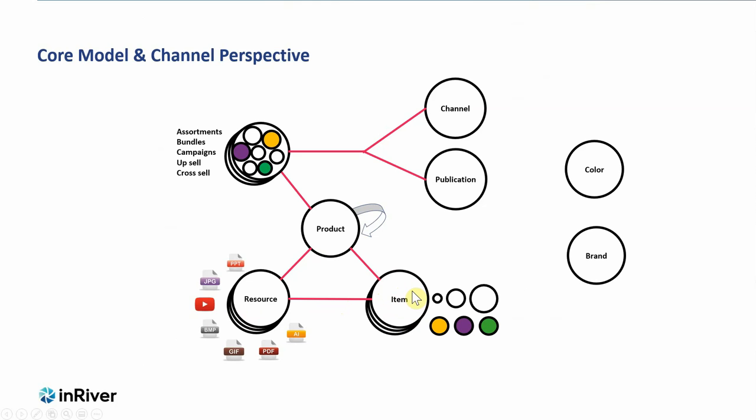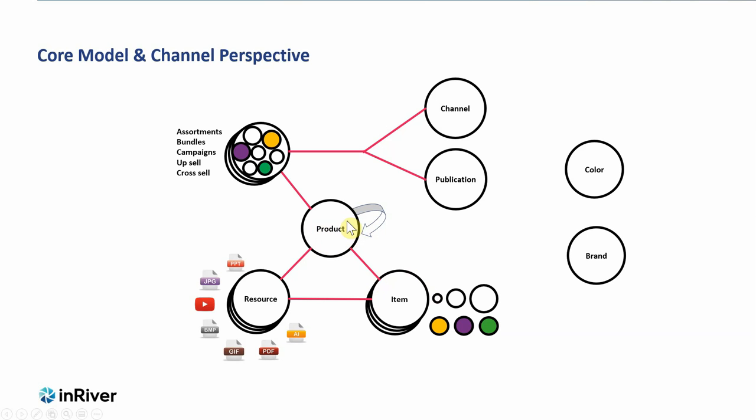But there is so much information that is the same if you compare these different shirts or the different pens or the different chairs. So they will have the same category, maybe the same manufacturer, even some same images or descriptions. So then we can maintain this information on a higher level, on the product level.